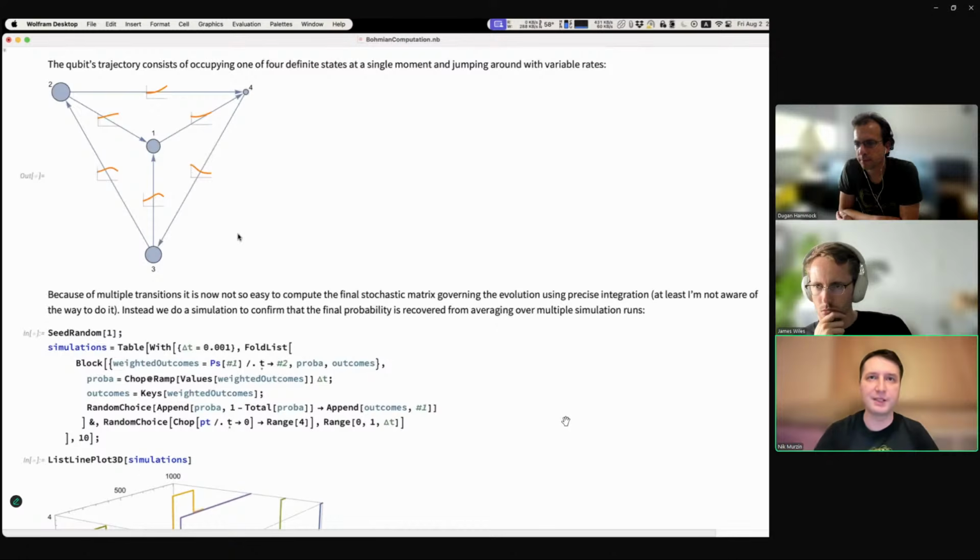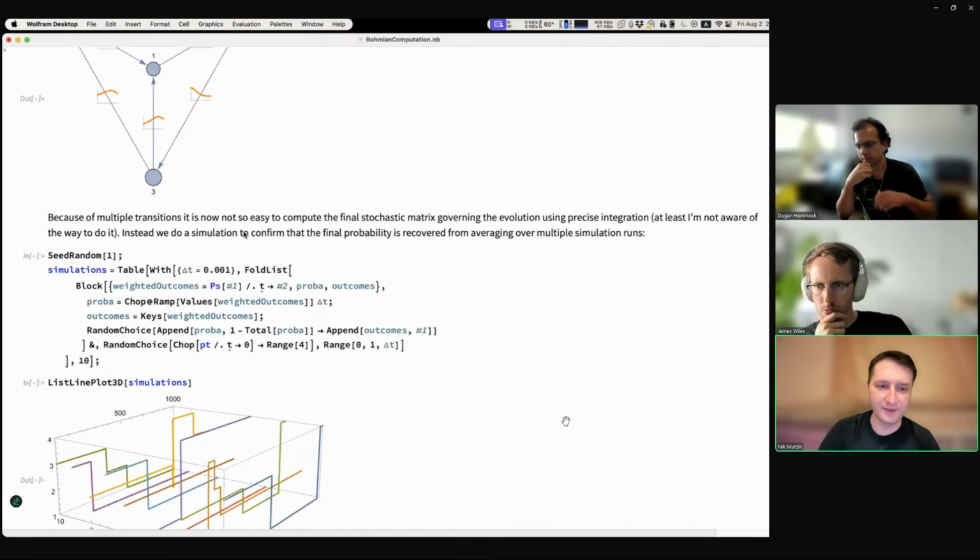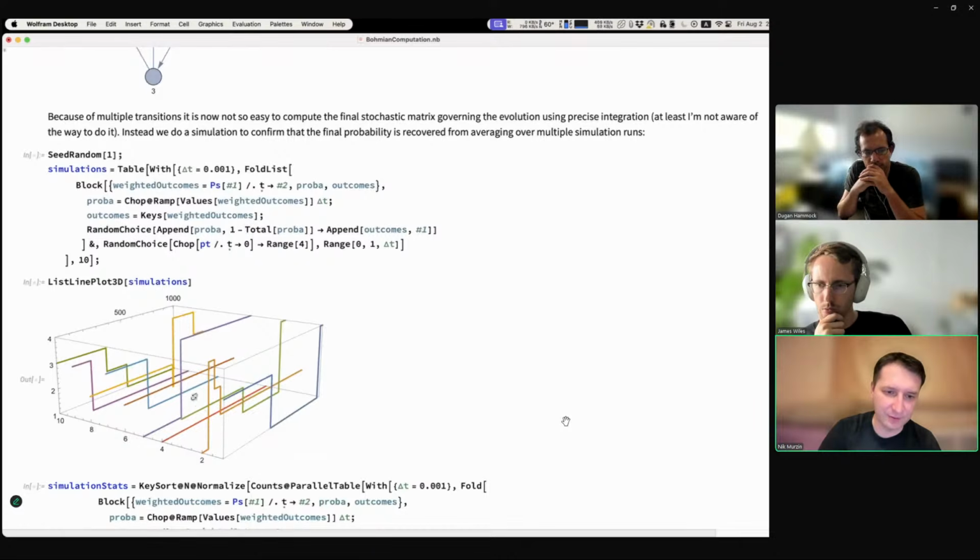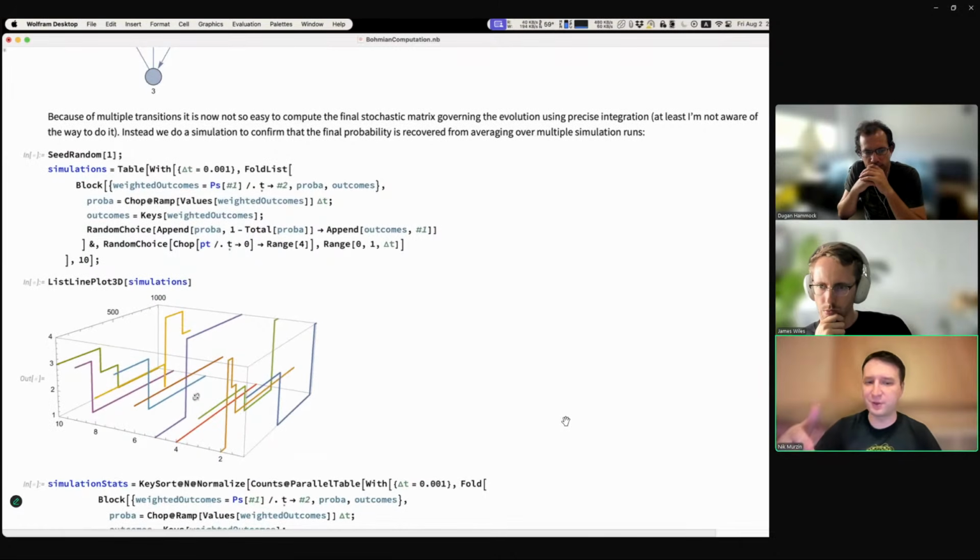You can recover how this probability vector evolves, even with the quasi-stochastic matrix, because it's not clear how you use it to resample your states. But if you formulate it in this way, you can, right? You can resample a bunch of trajectories, which exactly corresponds to those Bohmian trajectories in quantum mechanics, but now they're discrete.